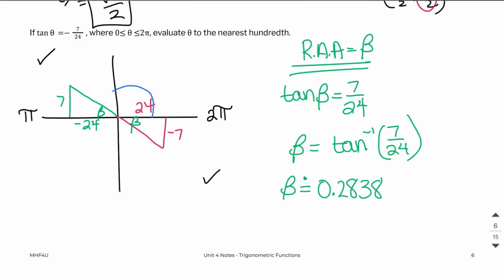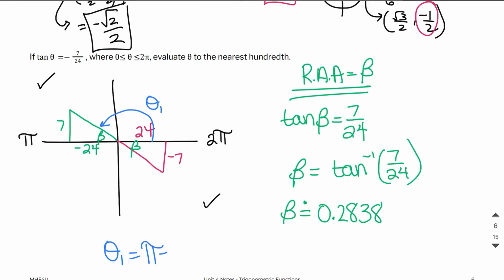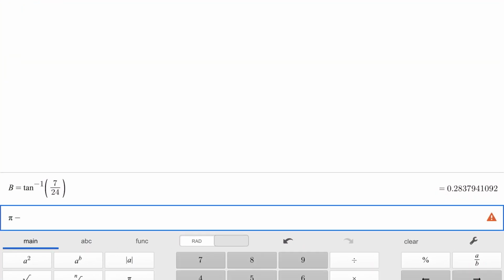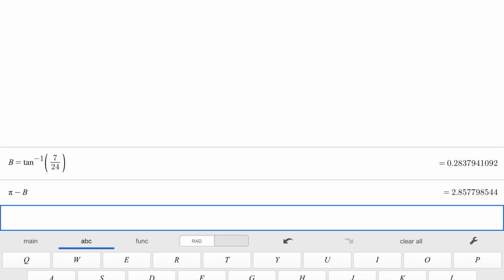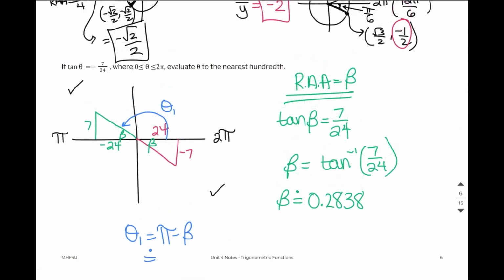Okay, so our first possibility for theta right here, I'm going to call this theta 1, is beta away from pi. So to figure out my first theta, I would have to do pi minus beta, which is approximately, here I'm going to type in pi minus B. So this is approximately 2.86, rounded to the nearest hundredth. So here's one answer.